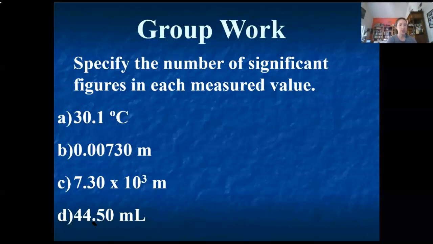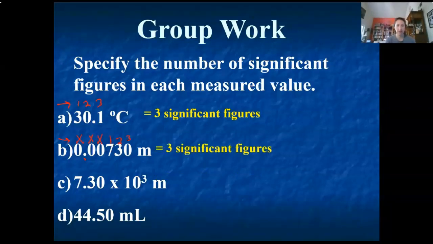So for our first one, decimal place present. So we start here, 1, 2, 3 significant figures. Again, our second one, decimal place is present. So we start from the Pacific side with the first non-zero number. So doesn't count, doesn't count, doesn't count. 1, 2, 3 significant figures.